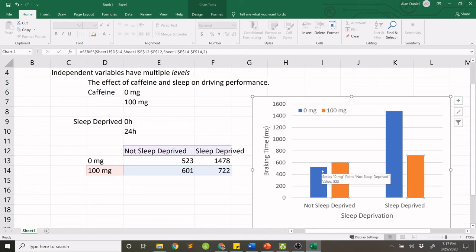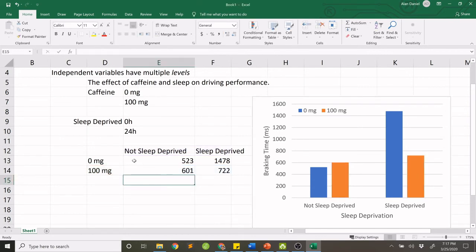The point is that the difference from changing sleep conditions is huge when there's no caffeine, but it's not very huge when there is caffeine. And this is what we would call an interaction.